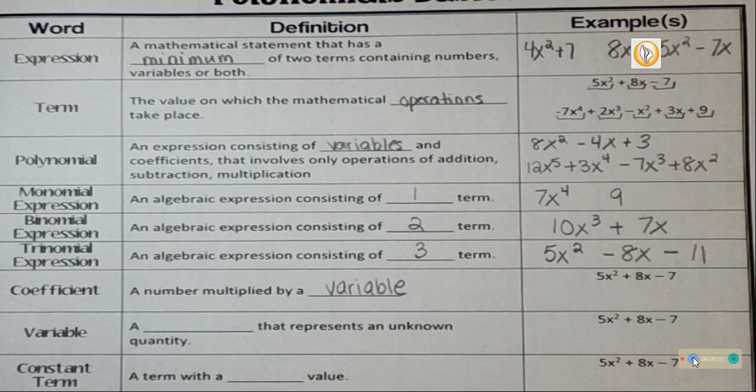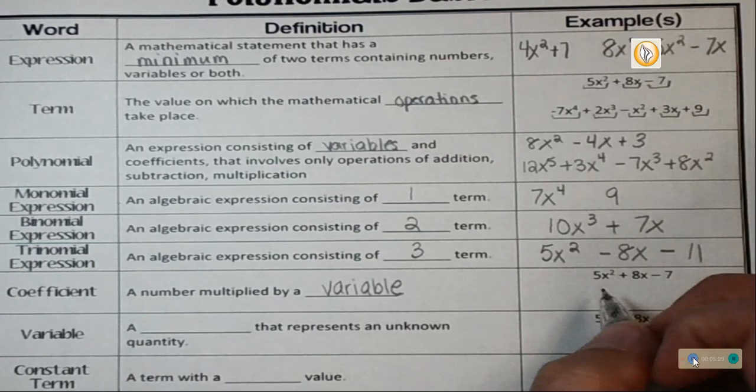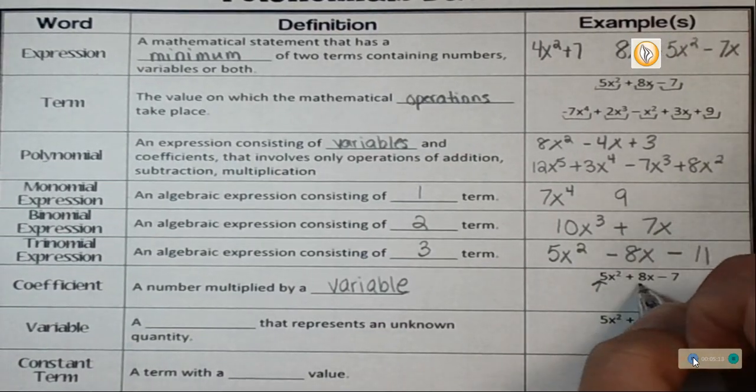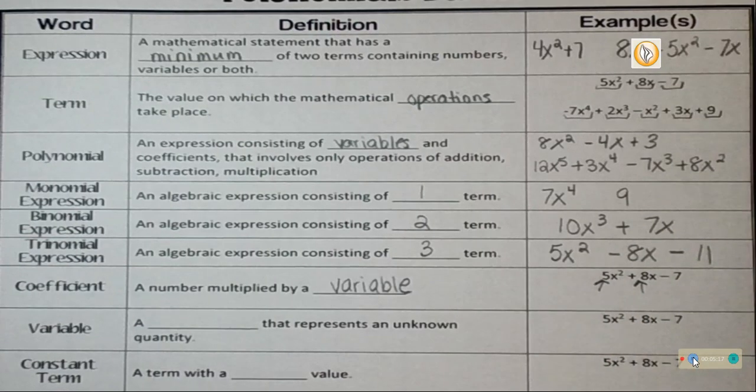What are my 2 coefficients? Very good. So the 5 is a coefficient because it's in front of a variable. The 8 is a coefficient because it's in front of a variable. Why didn't you include the minus 7? Very good. It's a constant. It's not in front of a variable. Okay? So coefficients are in front of the variable.